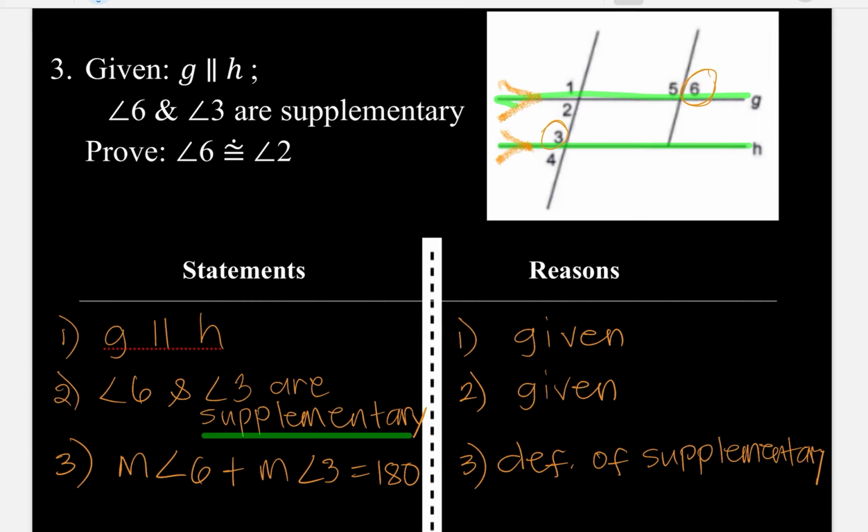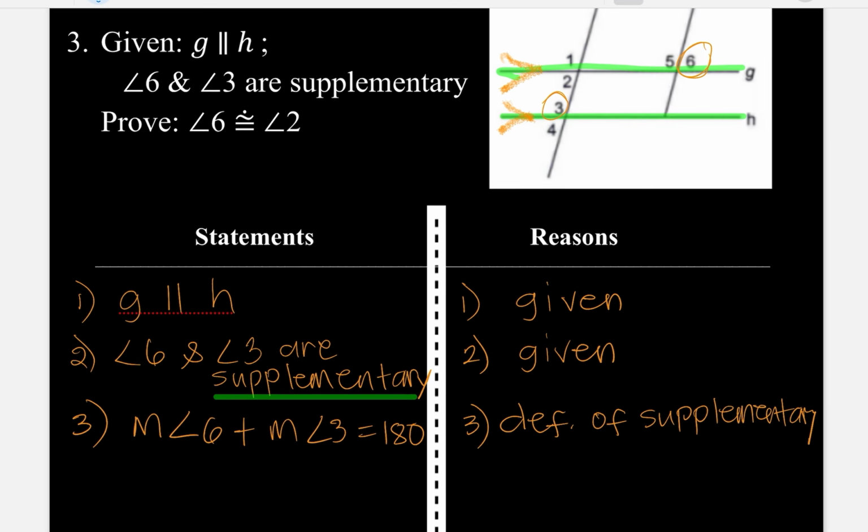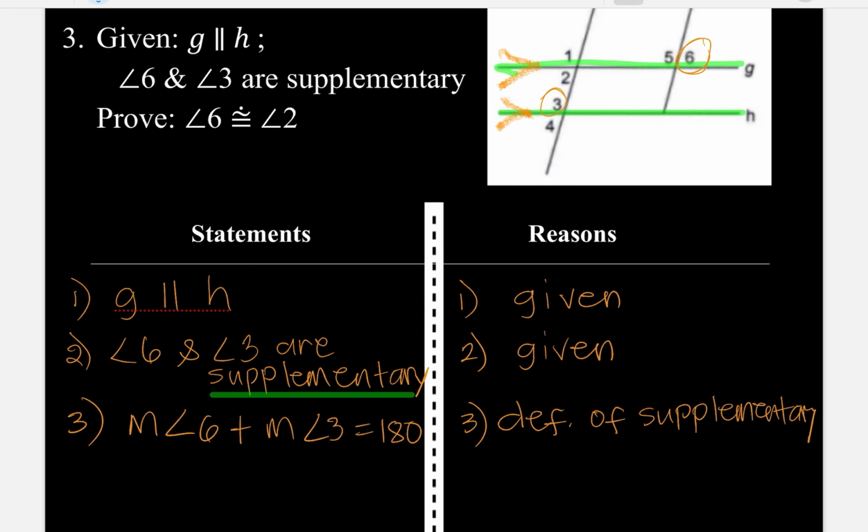Now, the next statement we are going to use is something that uses either 3 or 6, and these two angles when added together is equal to 180. Looking at the illustration closely, it would be angle 2 and 3. Why 2 and 3? Because 2 and 3 are on the same side interior angles, and they are considered supplementary.